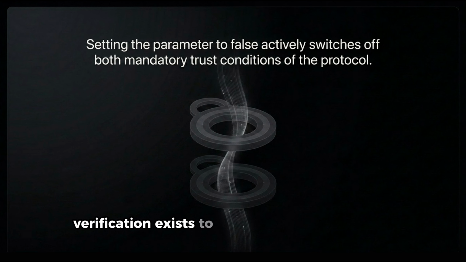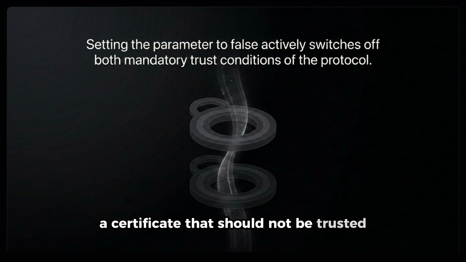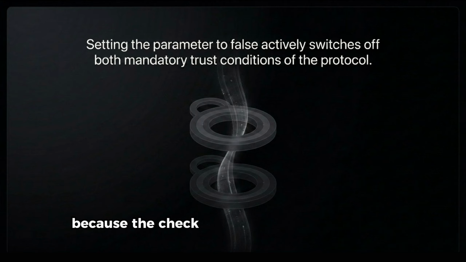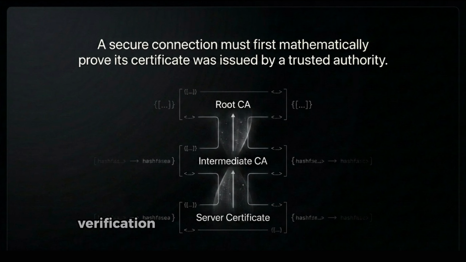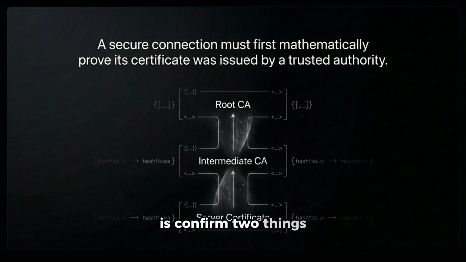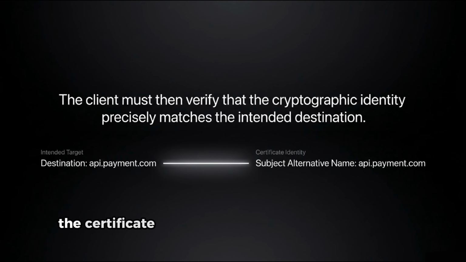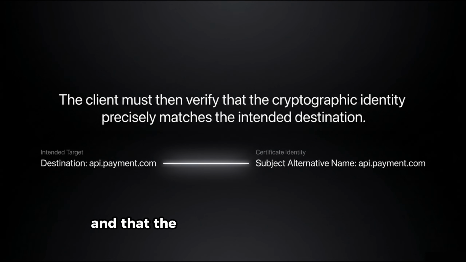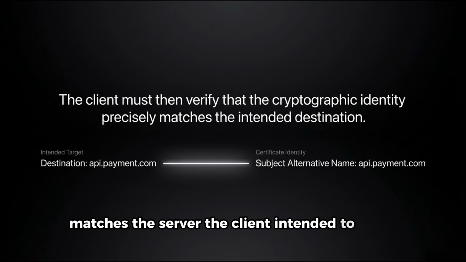Verification exists to catch a specific condition, a certificate that should not be trusted. When verification is disabled, that condition can be met without detection, because the check that would have detected it is no longer running. What certificate verification actually does in a TLS connection is confirm two things in sequence: that the certificate was issued by a certificate authority the client trusts, and that the hostname on the certificate matches the server the client intended to reach.